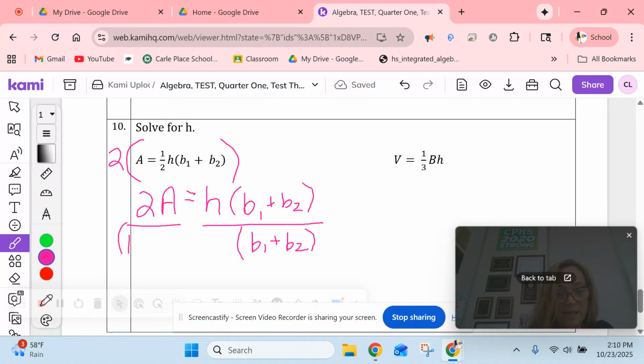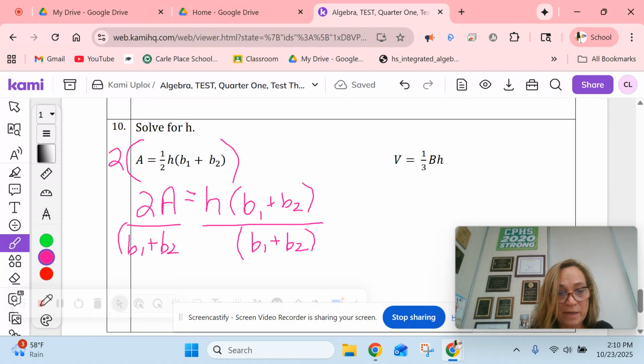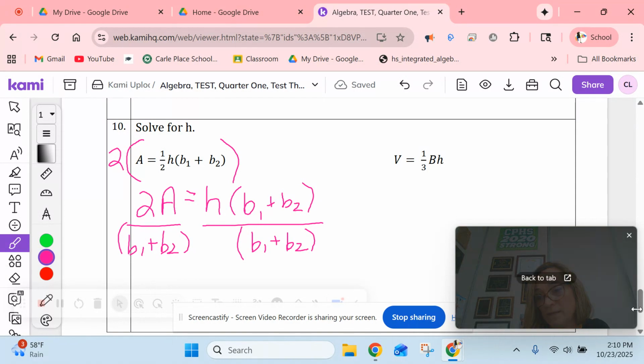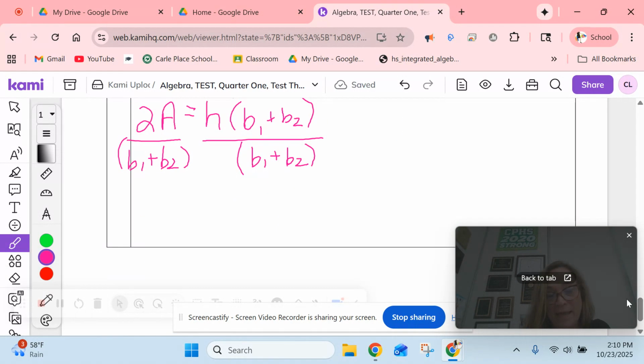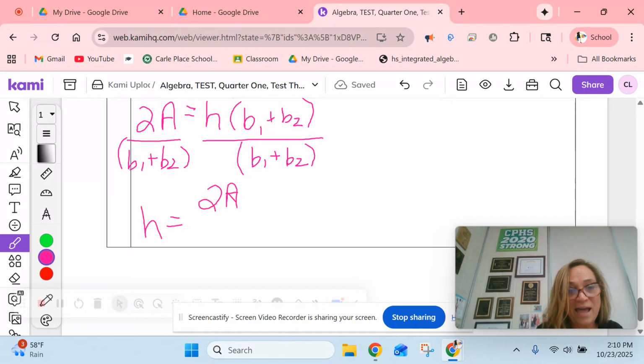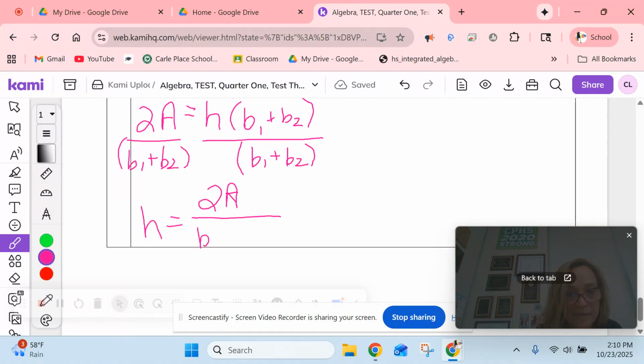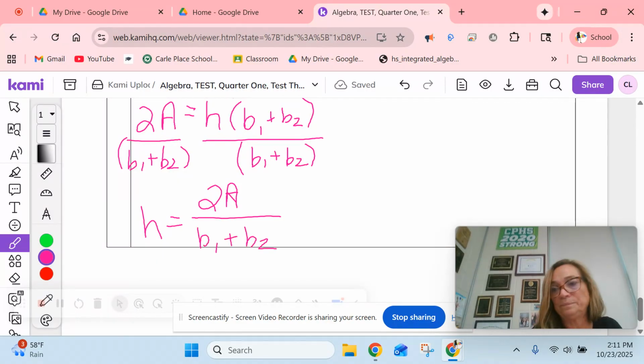Whatever you do to one side, you do to the other. You probably don't need the parentheses, but you can keep them if you want. It's up to you. So I end up with h equals 2a, and you have to keep the capital A. You can't change it to a lowercase. b sub 1 plus b sub 2.